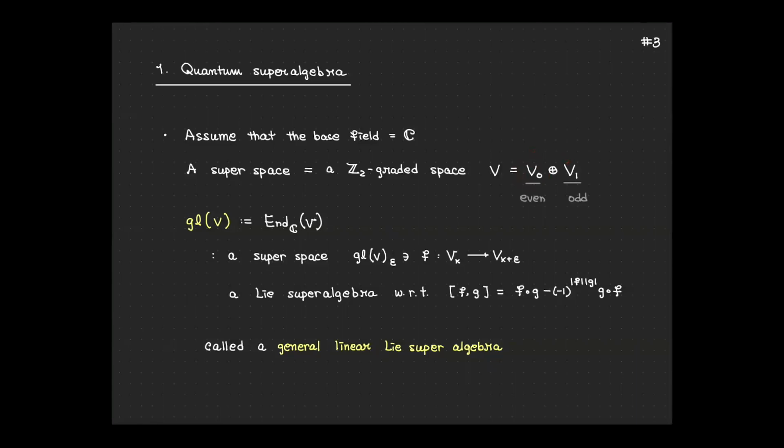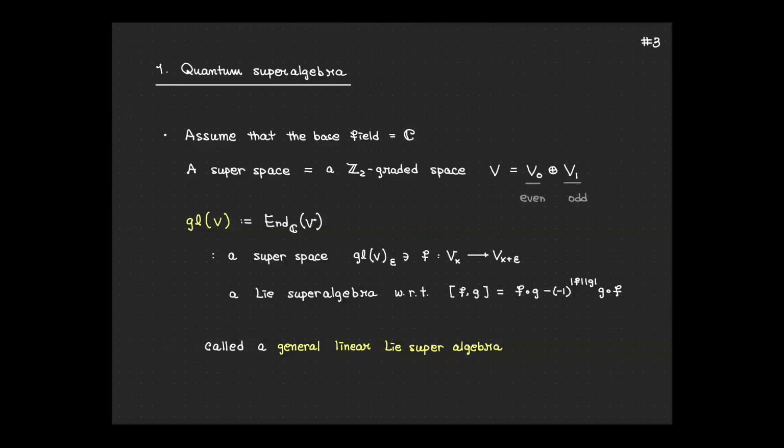And then we think of this endomorphism algebra over the complex numbers, and then say gl(V), which is also a superspace depending on the degree of the linear map. So the degree epsilon linear map f means by definition it sends the homogeneous space V sub kappa to V sub kappa plus epsilon.